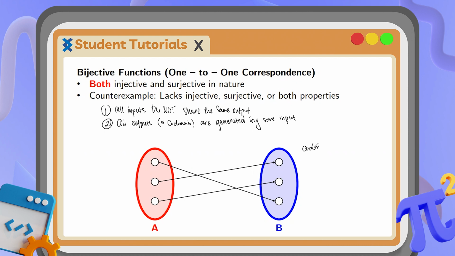And since our codomain is equal to the range, assuming that the codomain has only 3 elements, then we can say that it is an onto function. Additionally, we can also say that it is one-to-one because the inputs do not share the same output. So with that, it's also injective. Therefore, it is also a bijective function.